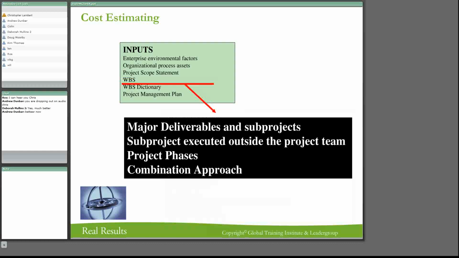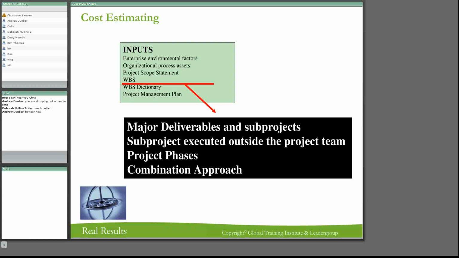Let's put it this way. If we were drawing a project plan of the structure of the project, your cost estimating is dependent upon your work breakdown structure. So your work breakdown structure is a precedent of your cost estimating.